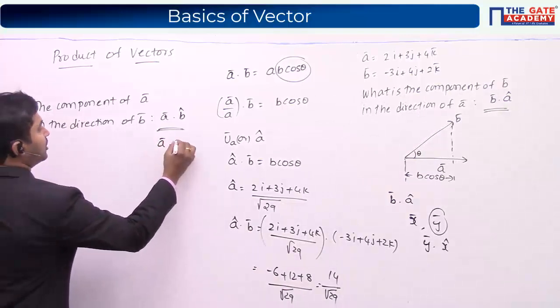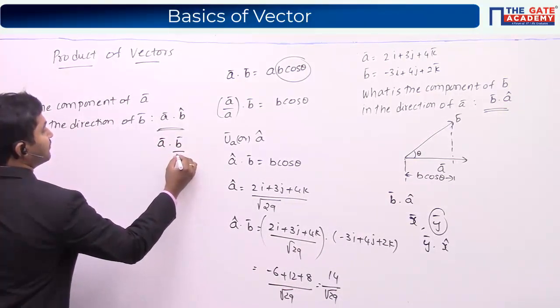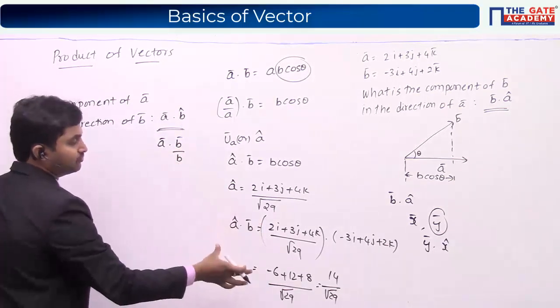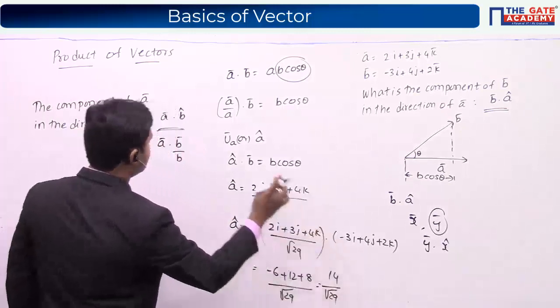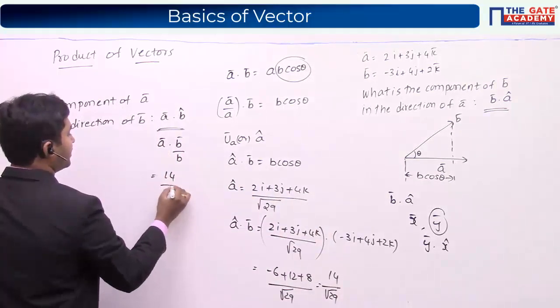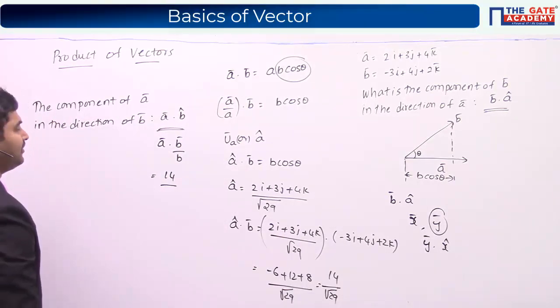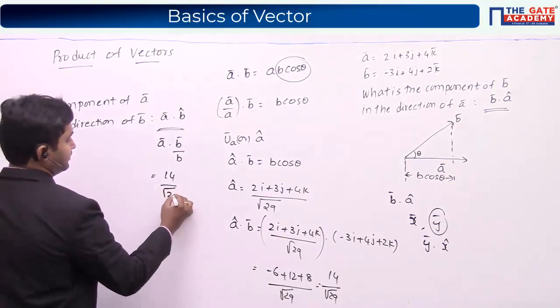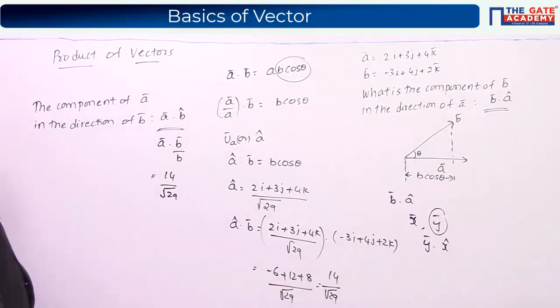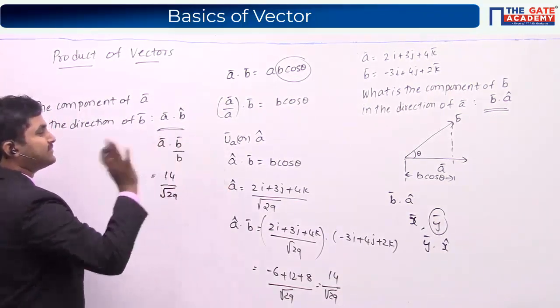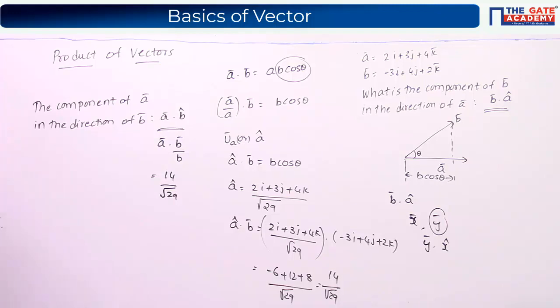It's A bar dot B bar divided by the magnitude of B. We already know the A bar dot B bar value, which is 14, divided by under root of, it is the same value, isn't it? It is the same only because the magnitude of B and the magnitude of A are the same.